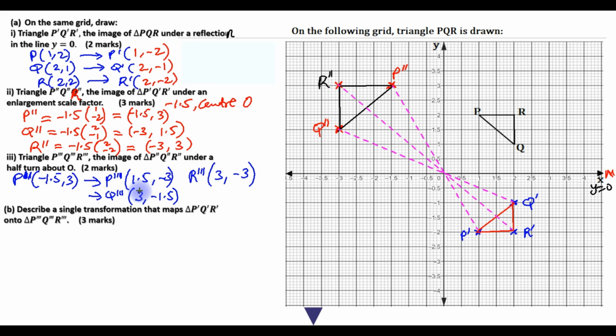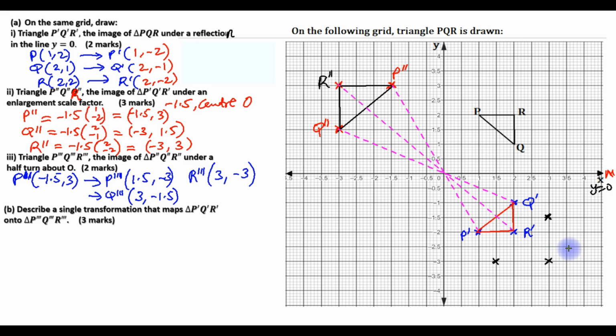So the first one is P triple prime, that's 1.5, minus 3 there. Then Q triple prime, 3, minus 1.5, and the other one is R triple prime, that is 3, minus 3.